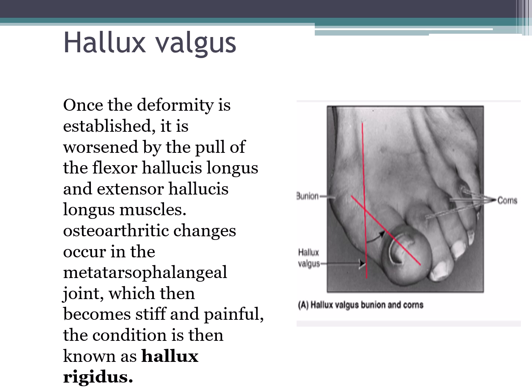Once the deformity has been established, it is further worsened by the pull of the flexor hallucis longus and extensor hallucis longus muscles, whose tendons are attached to the big toe. So osteoarthritic changes occur in the metatarsophalangeal joints, which then become stiff and painful.